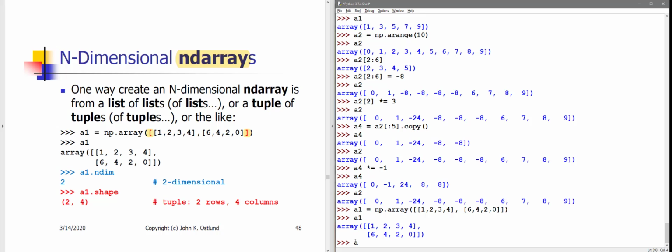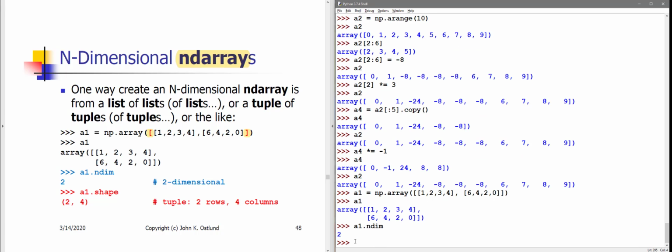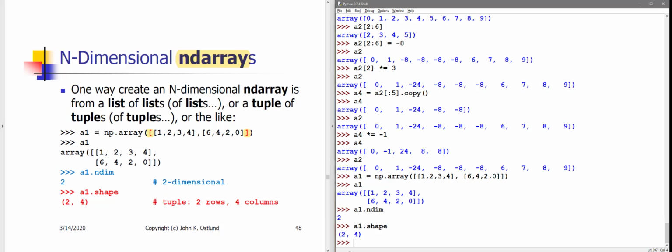I can query the array to find out what its dimensionality is by saying array.ndim, number of dimensions. All right, so I get told that it's two-dimensional. And I can find out the specific number of rows and columns by requesting the shape of the ND array. Shape always gives me back a tuple, showing me how many items there are in each dimension of the array.